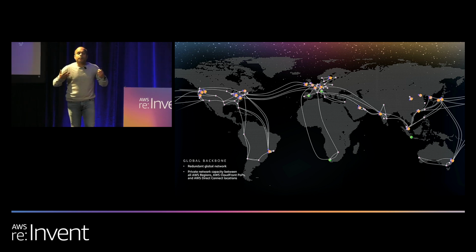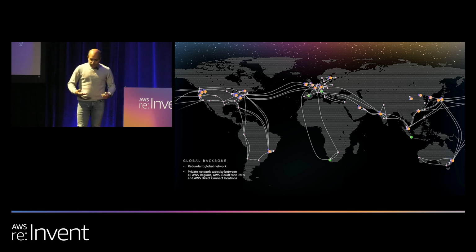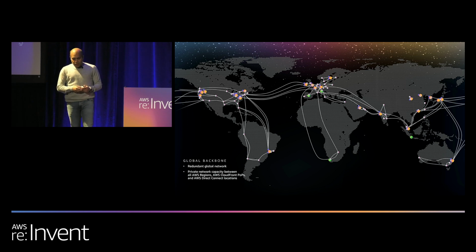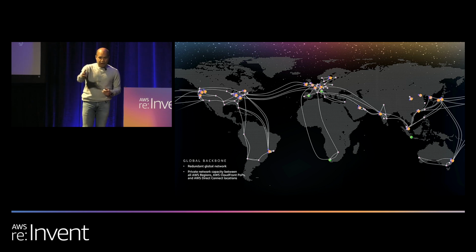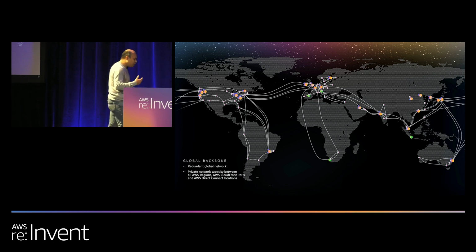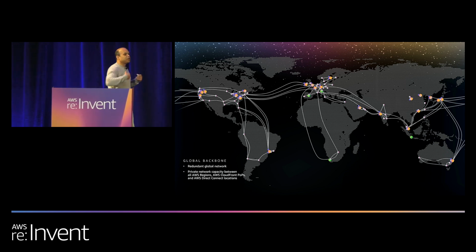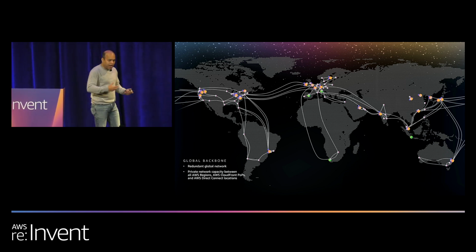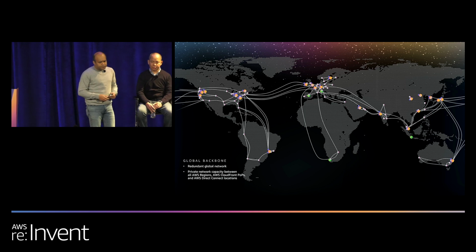We built it from the ground up. We realized the need for a global backbone, and we built it from the ground up for the cloud. It's a network on which your customer traffic is prioritized above everything else. And that is how we give you a much more consistent network experience on our backbone, as opposed to the public internet.